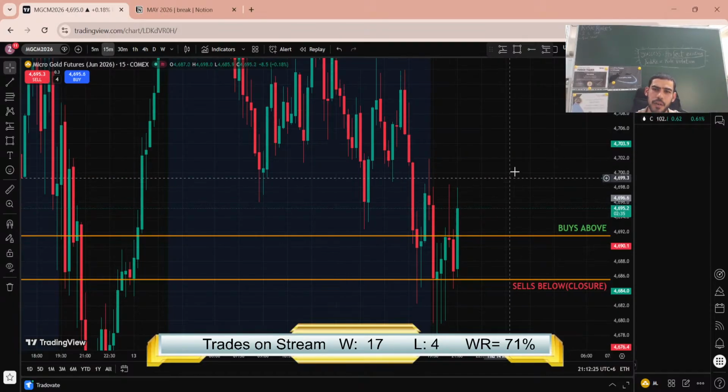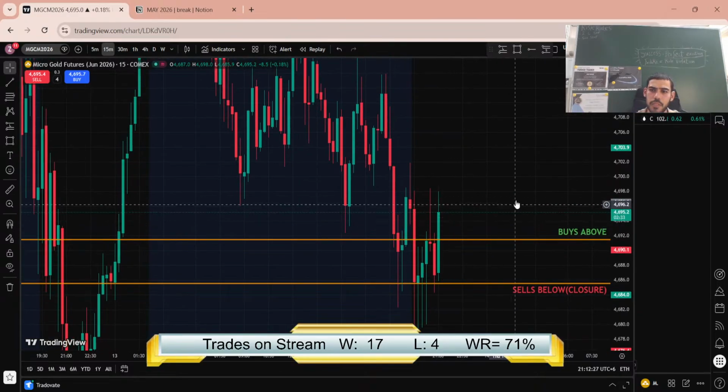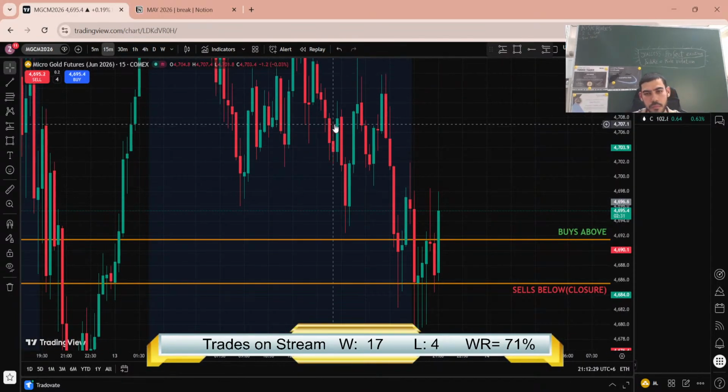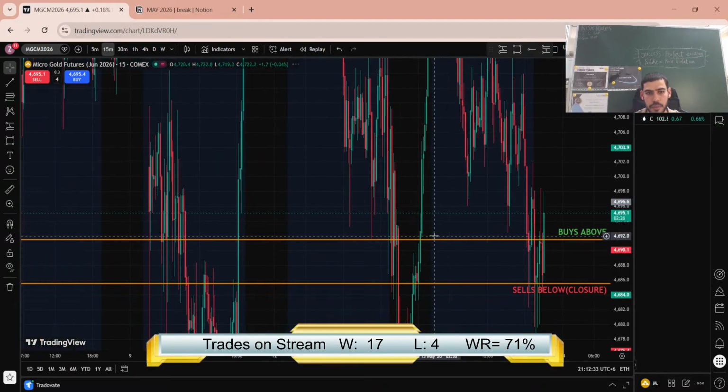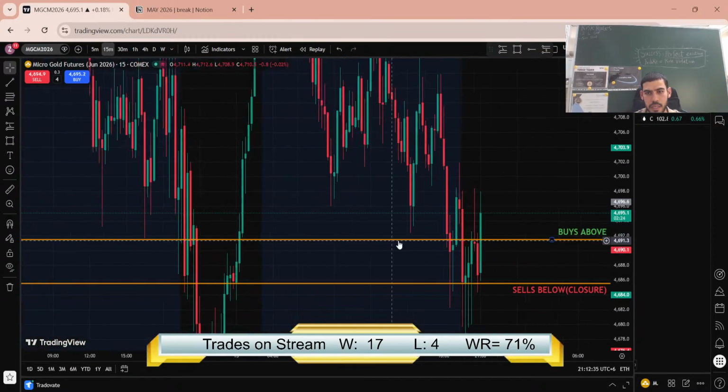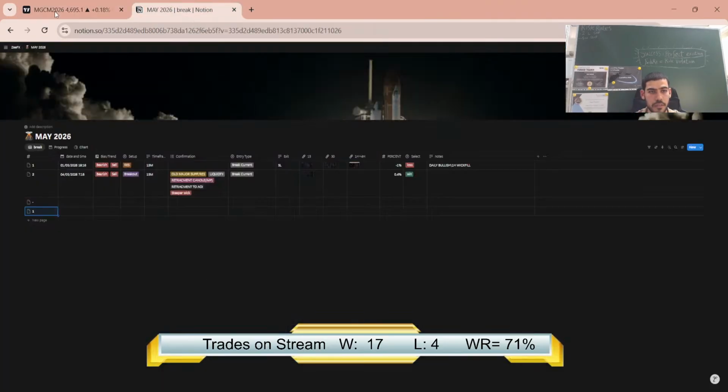Otherwise if it's far like that, I cannot enter when it's right there. It's just not possible to enter right there. Yeah, it's a tough range we are in.